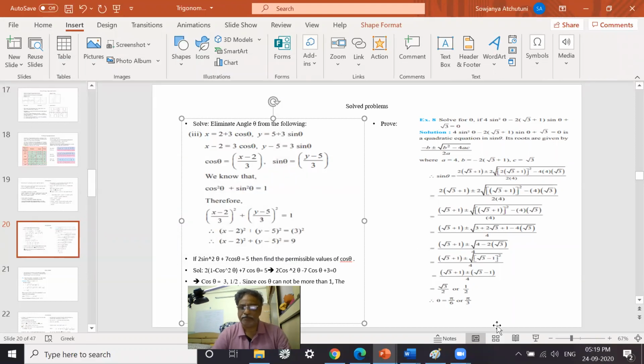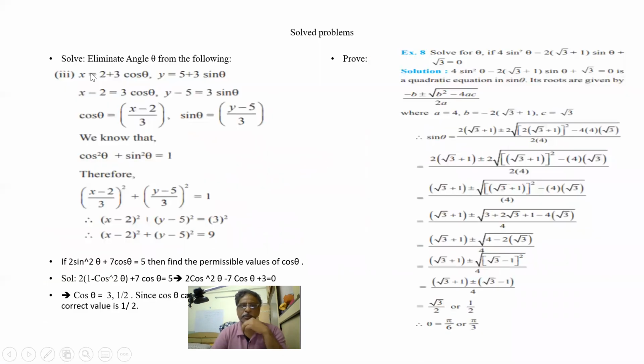So we are eliminating theta from here, and we got an equation. What is this? This is a circle with center 2 and 5. So this is 2 plus 3 cos theta, where 2 is the center, and 5 plus 3 sin theta.